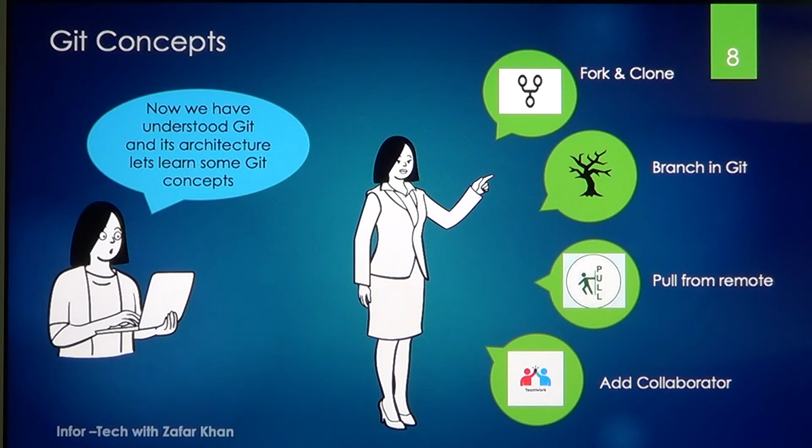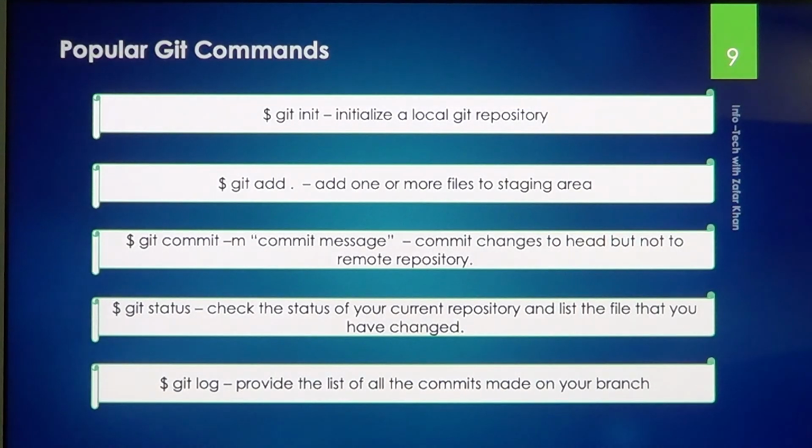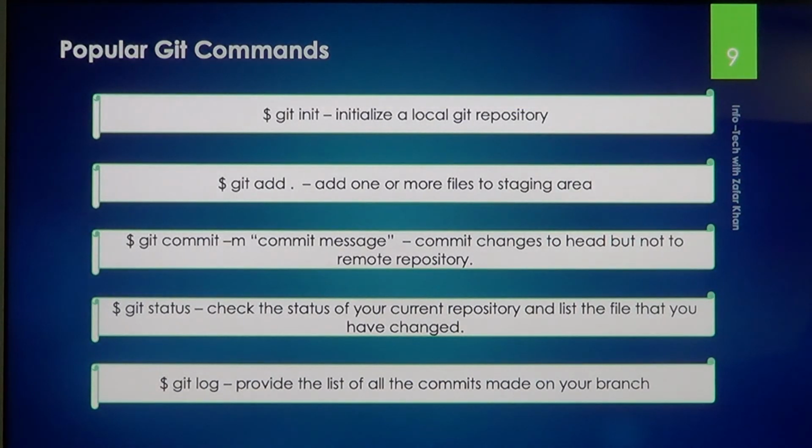Now there are some popular Git commands which are going to be used. So we need to understand each command, and we will use them once we do the demo. The first one is git init. Basically it initializes the local Git repository.